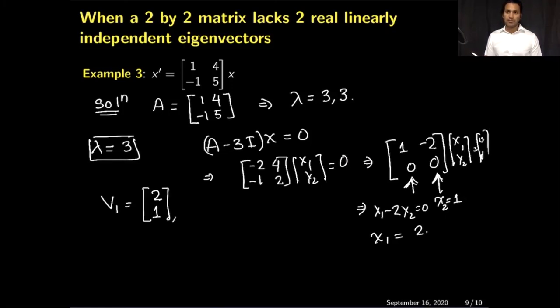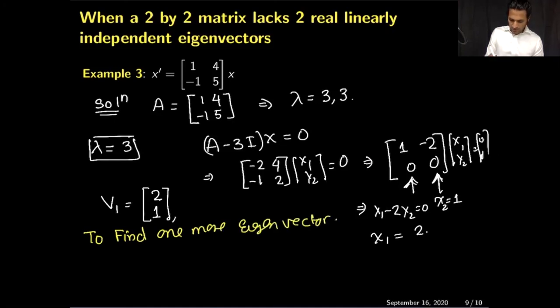So I need to find one more vector that is linearly independent of the eigenvector I have calculated. Next, find one more eigenvector. We will solve the system (A minus 3I)u equals v1.